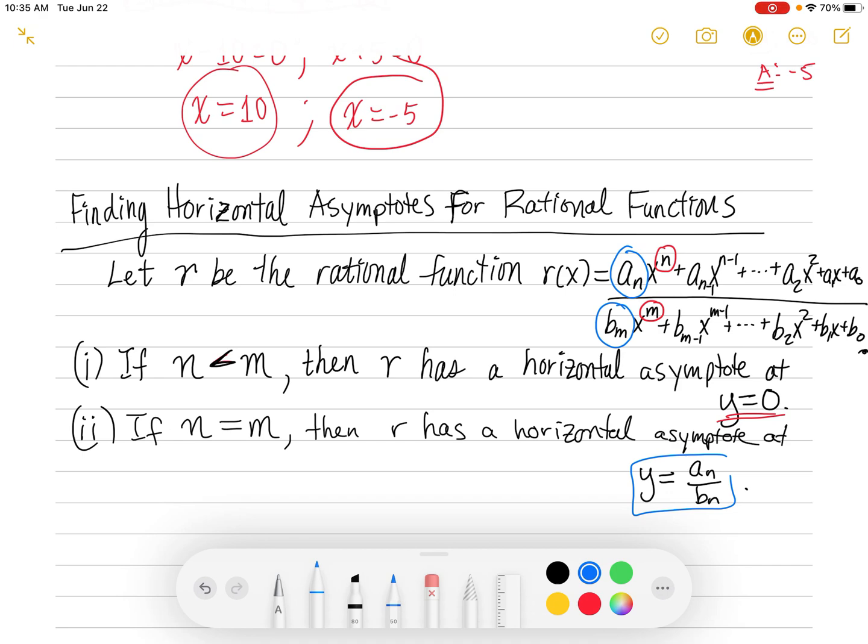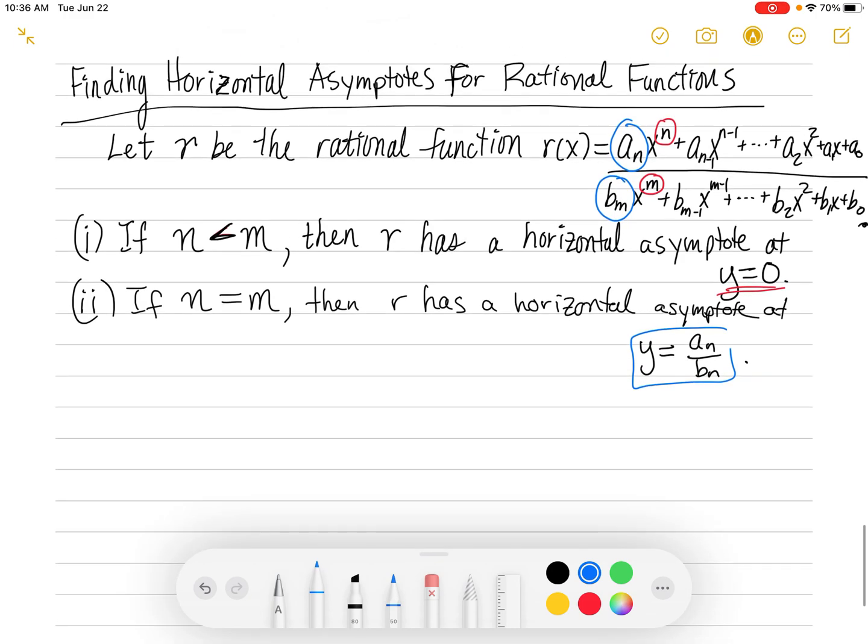So basically you're going to take the top leading coefficient divided by the bottom coefficient, take the ratio of those. So the ratio of the leading coefficients, top over the bottom. So that'll be your horizontal asymptote when the degree of the top is the same as the degree of the bottom. Now there's a third case.